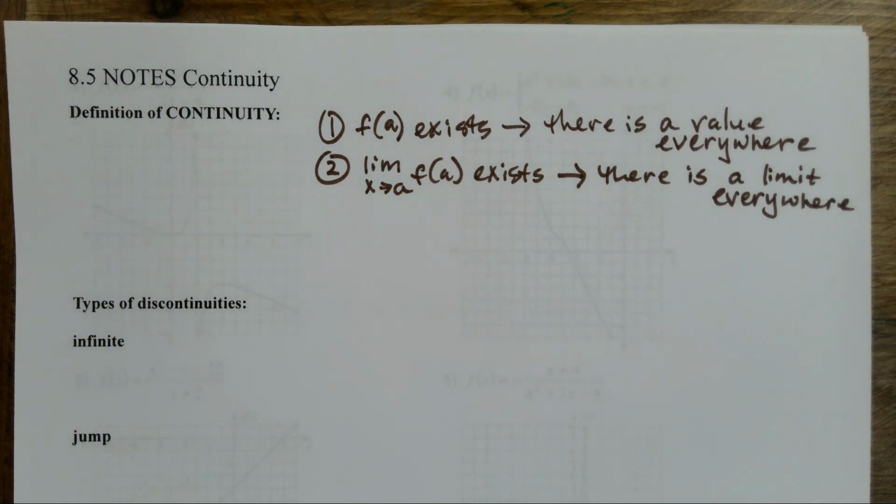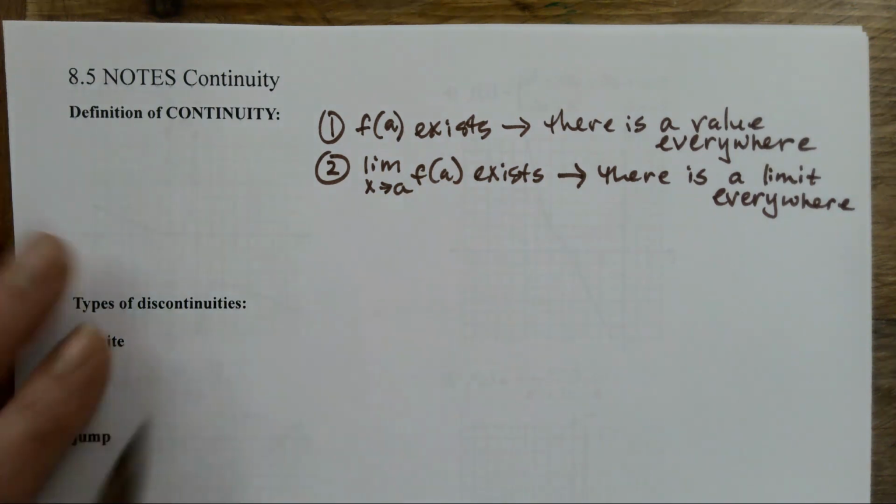That means no matter what, I look on this graph, and at any point I pick, to the left and to the right, it's going to the same place. No breaks. So this first one means no holes, no asymptotes. This is no breaks and no asymptotes. Nothing where it is separate.